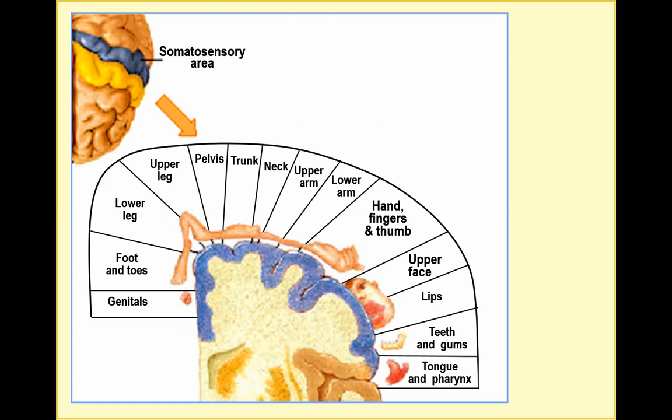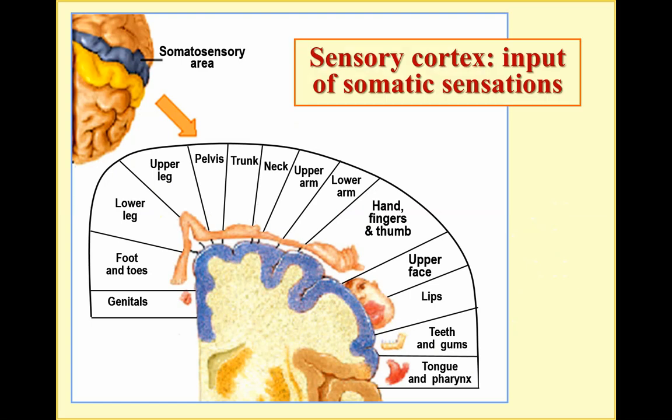Here a cross-section is made through the postcentral gyrus, shown in blue. This cortex also has a similar representation, with the lower part of the body represented in the medial part of the somatosensory cortex, and the head in the most lateral part.